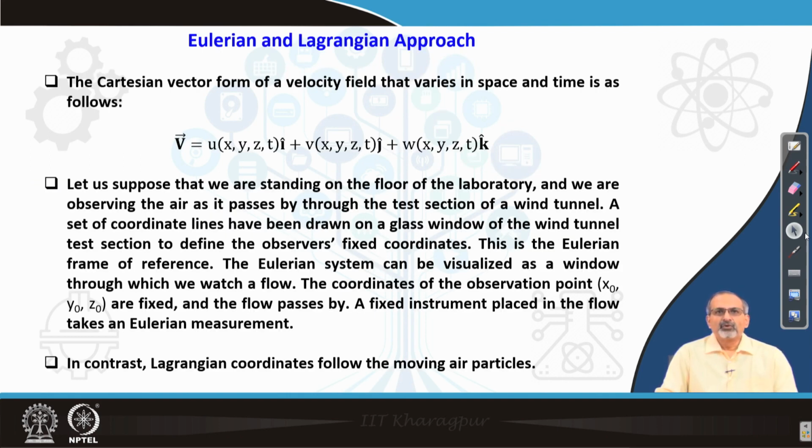If we go into a little more formal discussion on that, the Cartesian vector form of a velocity field, which is in general a function of space and time, can be provided using this equation. V, the capital V with an arrow on top, of course, indicates the velocity vector, and it has 3 components indicated by small u, v and w respectively along the 3 Cartesian directions.